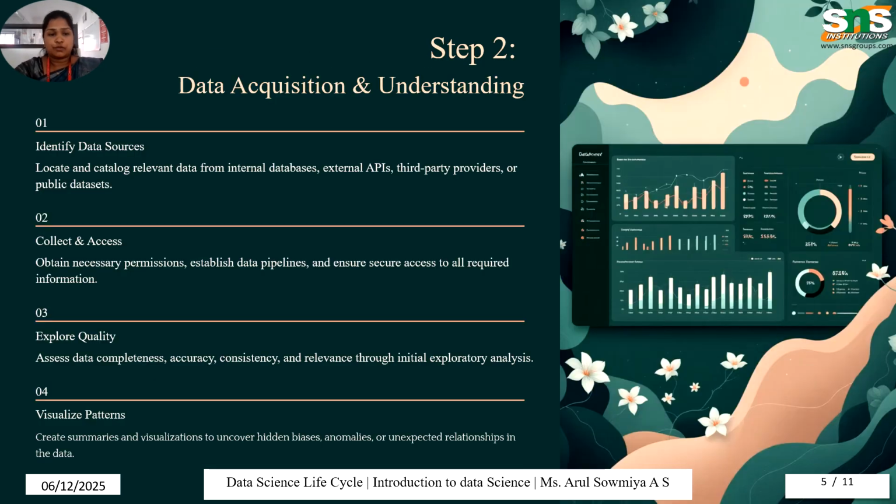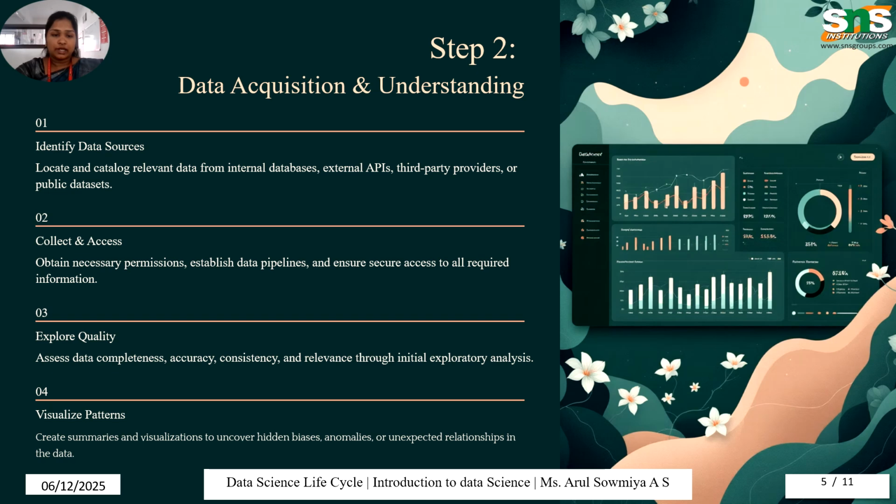Now step 2. In step 2, we have to analyze data acquisition and understanding. By understanding the problem statement, we are going to discuss what the data sources are, and how we want to access the data. The first one is identifying the data source. How do we identify the data source?